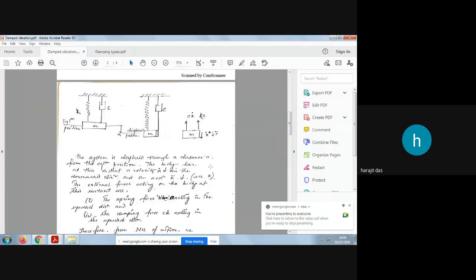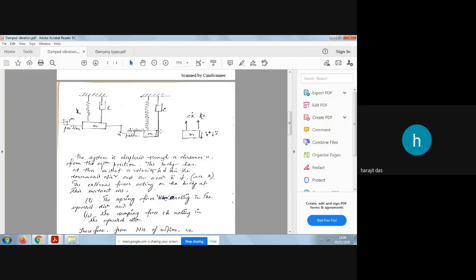So this was a single degree freedom system, that is a spring mass system where we have attached this damper or this dashpot. So this dashpot is having a damping coefficient C and it is displaced.